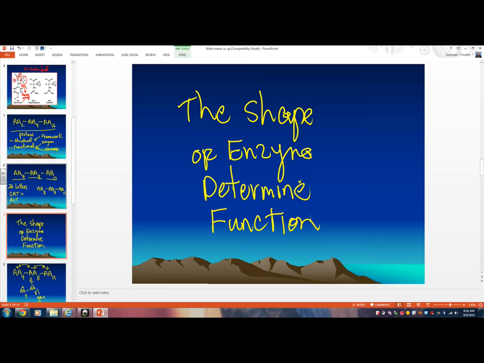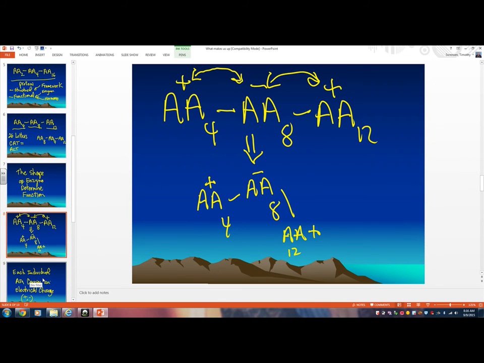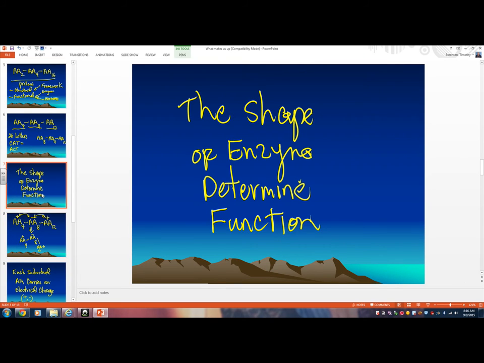So the amino acids that make up the protein and then ultimately make up the enzymes perform all the chemical reactions inside your cell. And what's important about the shape? Let Timmy tell you. The shape determines its function.